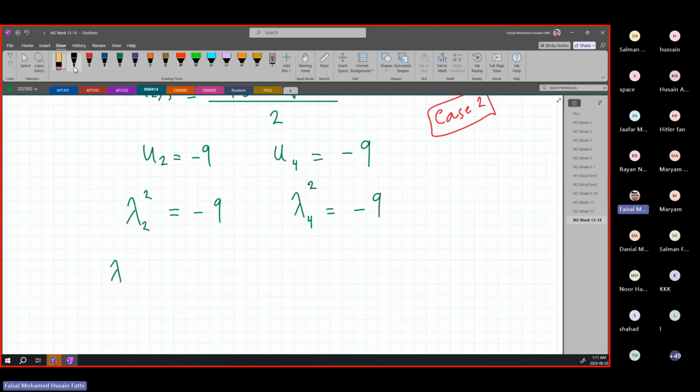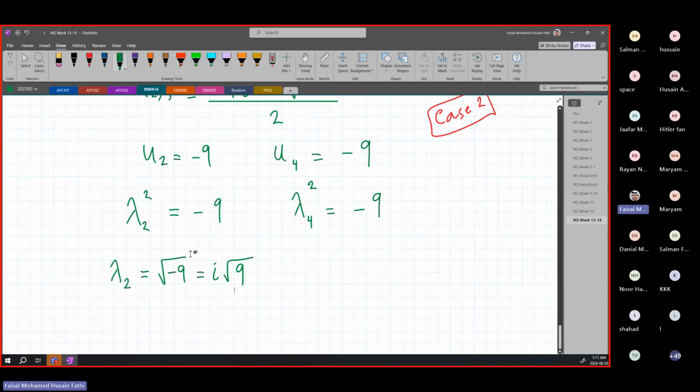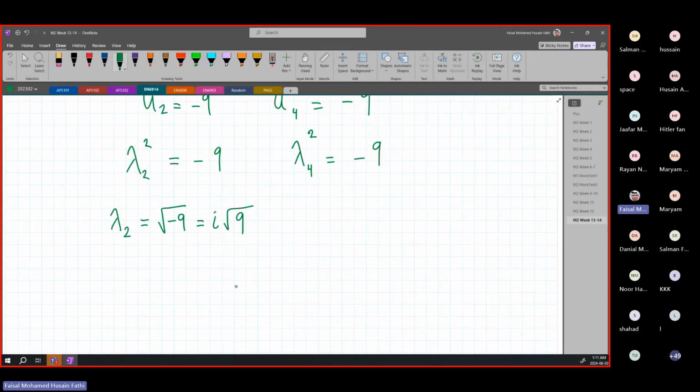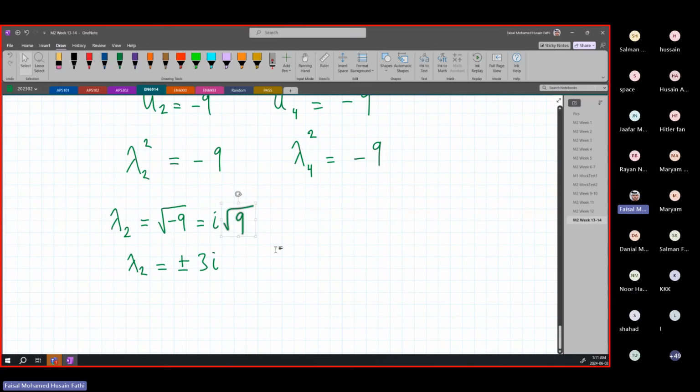It doesn't matter again for the numbering. It's just so you can understand it in a bit when it's simplified. So if we take the square root of lambda squared, lambda 2 is equal to the square root of minus 9, which is equal to i times the square root of 9 because we have a minus inside, which is equal to plus or minus 3 times i, because the square root of 9 is equal to plus or minus 3.